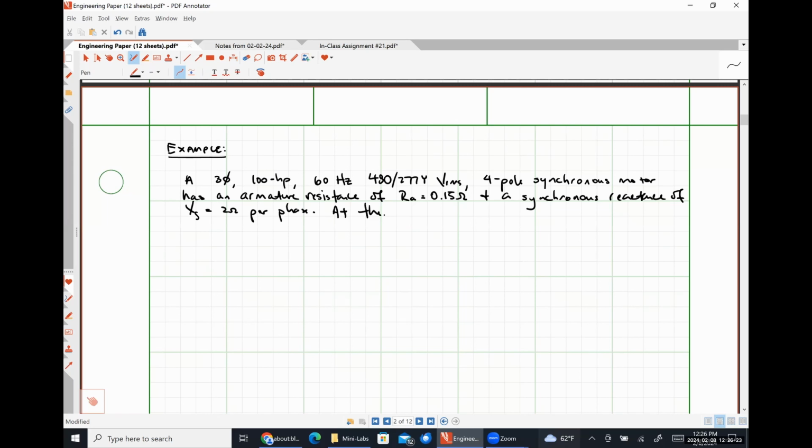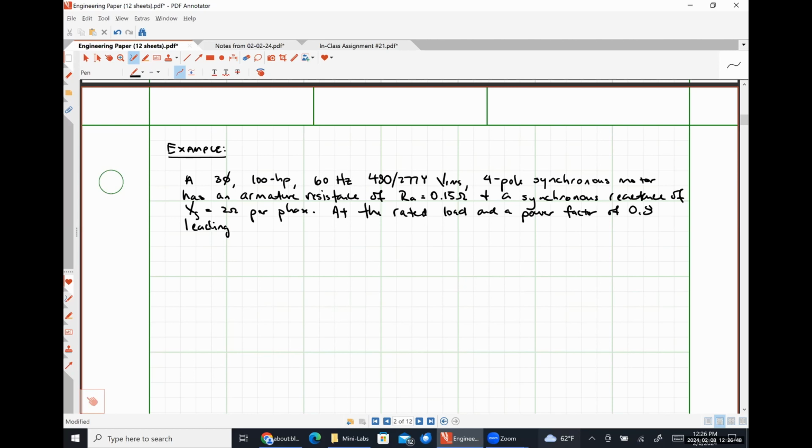At the rated load, and a power factor of 0.8 leading, and this is actually something interesting here. I might want to talk about this in a moment.